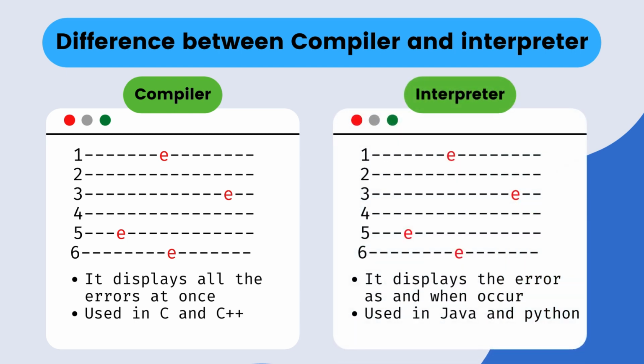On the other hand, if you provide the same code to the interpreter, it also checks the code line by line and displays errors immediately as and when an error occurs. Java and Python use an interpreter. These are the preliminary differences, which are enough to understand this tutorial. I hope you understand the basics of programming languages.